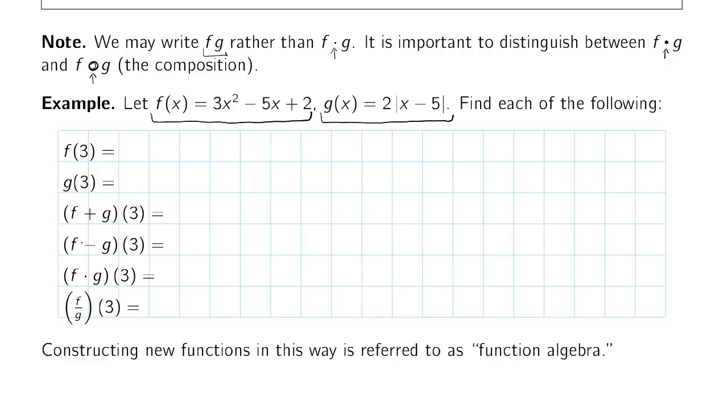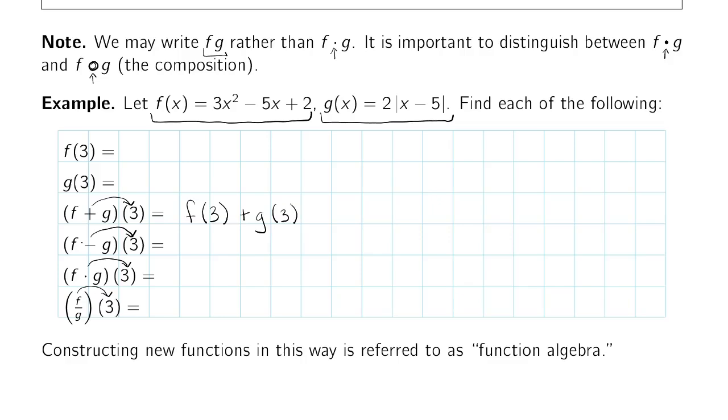And in particular, we want to take the sum function applied to 3, the difference function applied to 3, the product function applied to 3, and the quotient function applied to 3. So to take f plus g applied to 3, we'll need f of 3 and add that to g of 3.